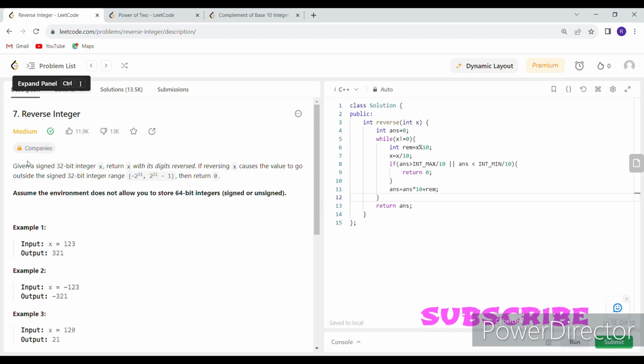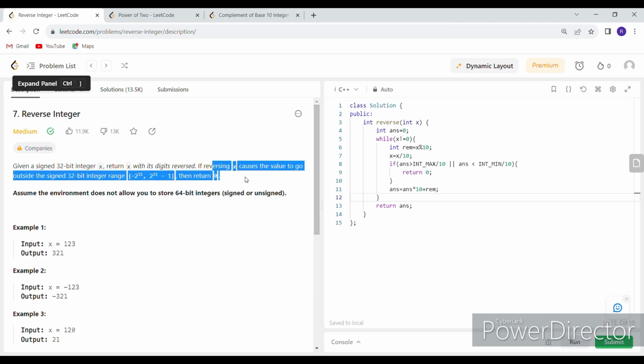Okay, so what is given in the question? Given a signed 32-bit integer x, return x with its digits reversed. A 32-bit integer x will be given to us and we need to reverse its digits and return it. If reversing x causes the value to go outside the signed 32-bit integer range, then return 0.